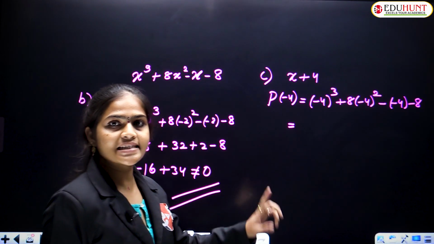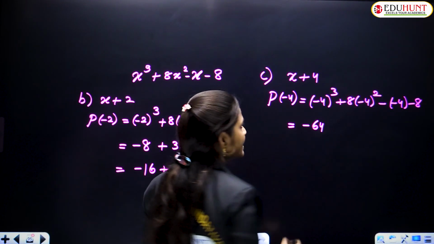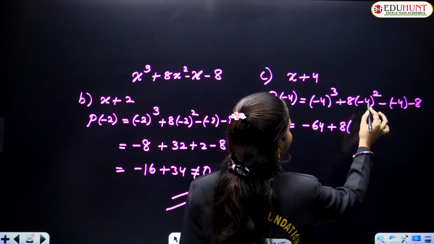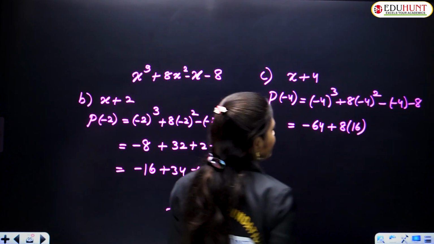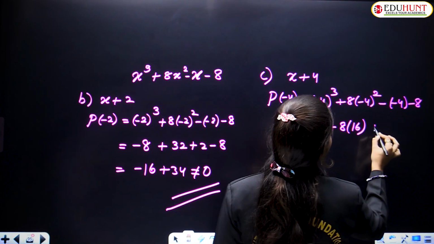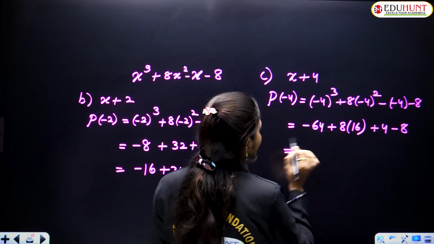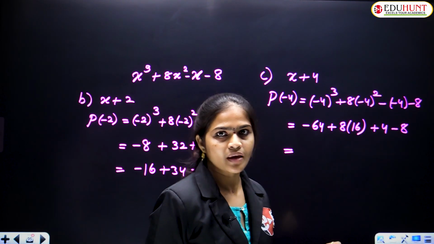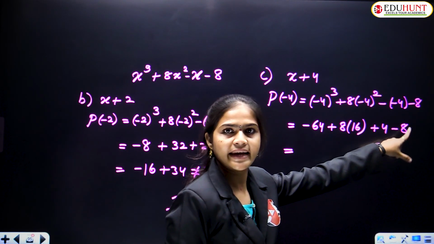So, 4 4s are 16, 16 4s are 64, and it is a cube, so that is why minus 64, and plus 8 into 4 square. 4 square means positive 16. And here minus into minus is plus 4 minus 8. So, children, when you observe this, here it is 64 minus 64, and coming to this, what will you get here? 8 is there.